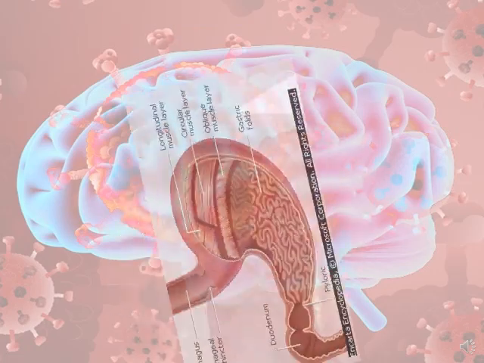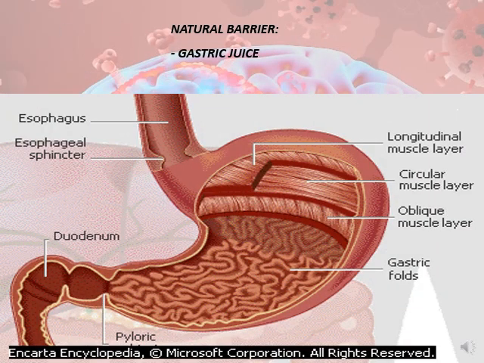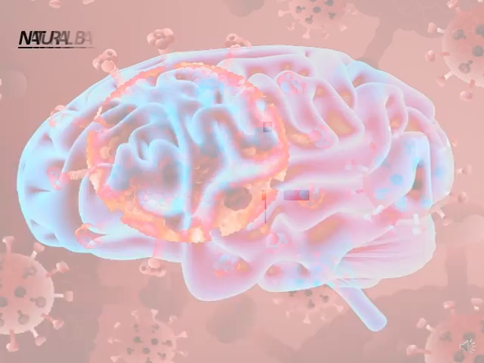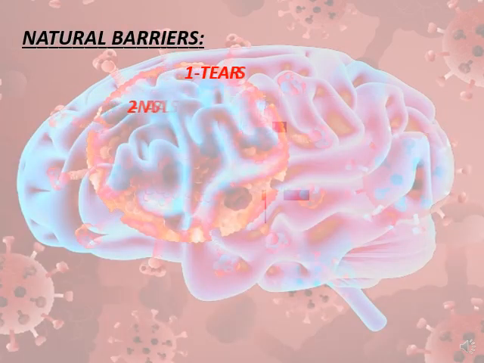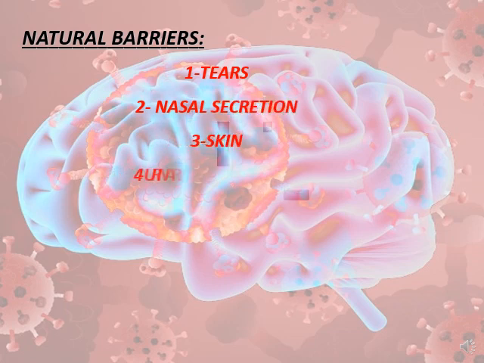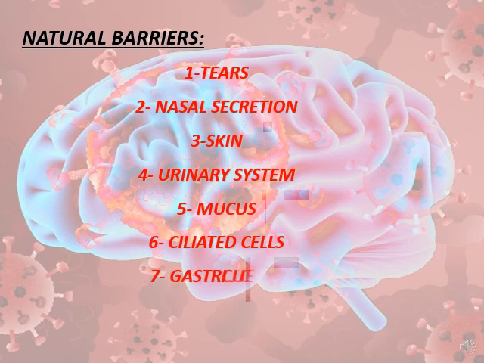Also we have the gastric juice at the level of the stomach, which has an important role in forming the first line of defense. So the natural barriers represent the tears in the eyes, the nasal secretions, the skin, the urinary system, the mucus, and also the ciliated cells that have cilia. Cilia are hair-like structures that can move, and we also have the gastric juice. So these form the natural barriers.